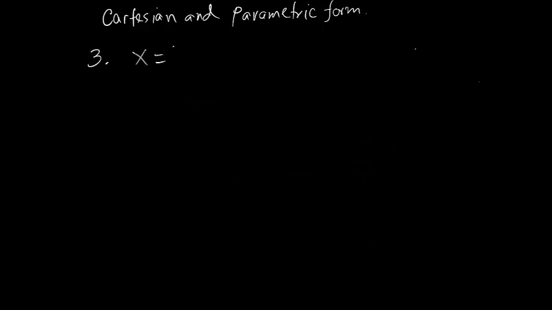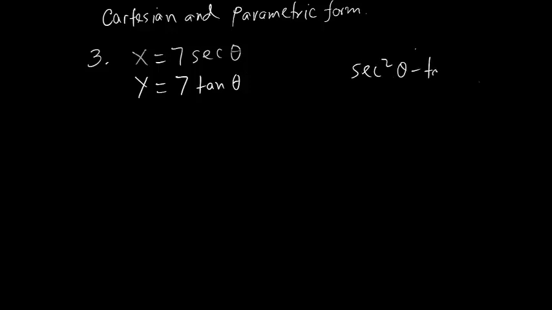x equals 7 secant theta and y equals 7 tan theta. Now this is coming with secant and tan. So remember that secant squared theta minus tan squared theta equals 1. So first let us isolate secant and tan. If you don't isolate it's still fine, but it is a good practice.